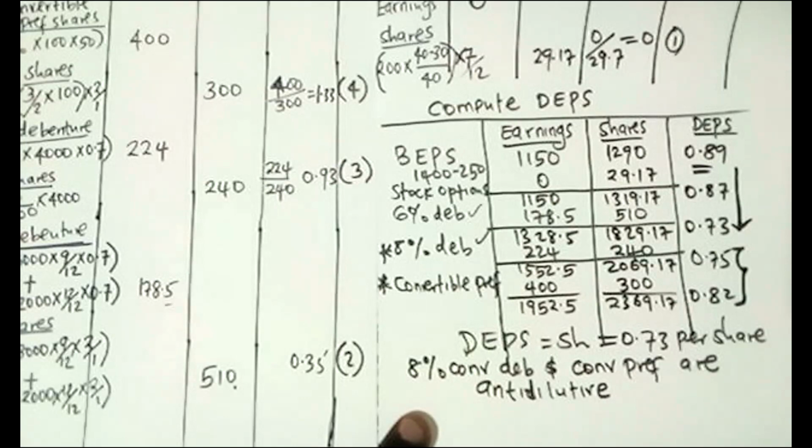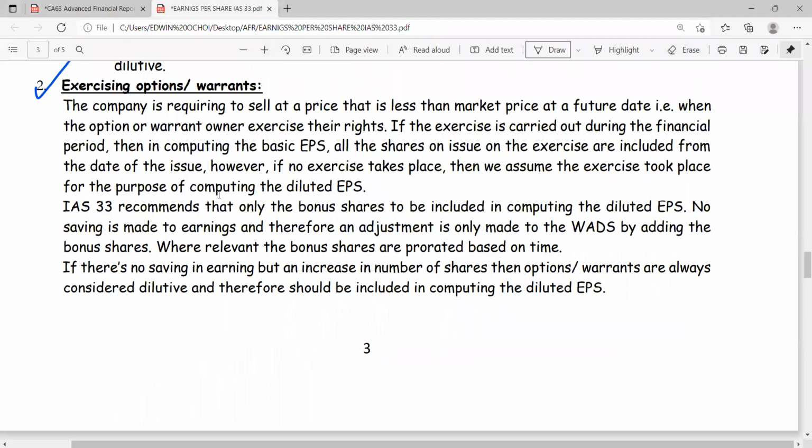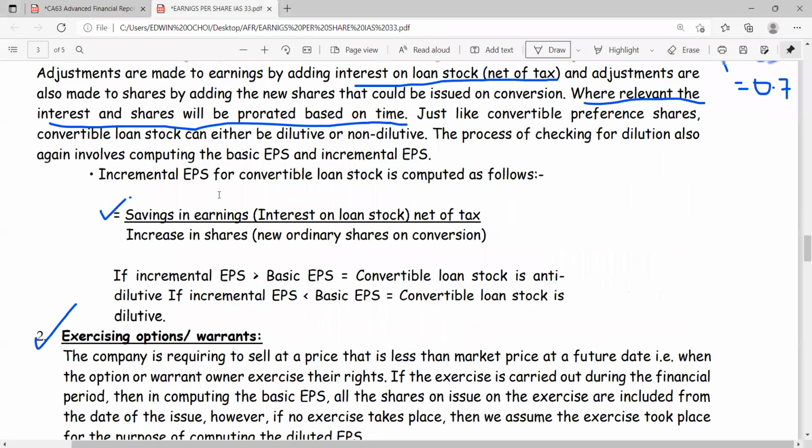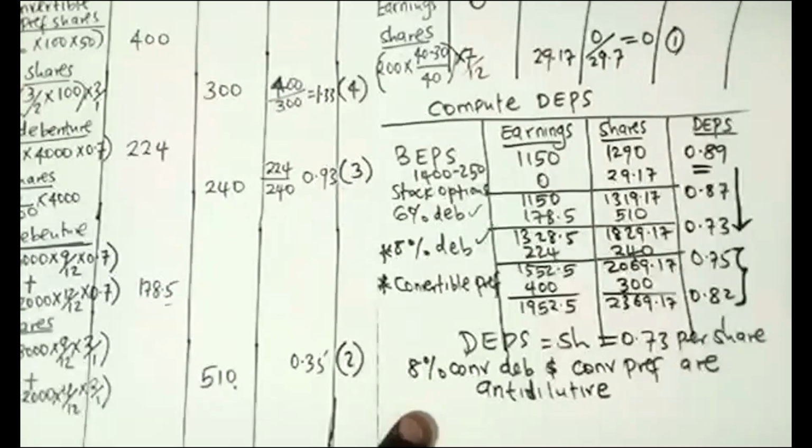So for the anti-dilutive, even they mentioned in these notes of ours that just like convertible preference shares, convertible loan stock can either be dilutive or anti-dilutive. And you have seen for yourself that they are anti-dilutive.